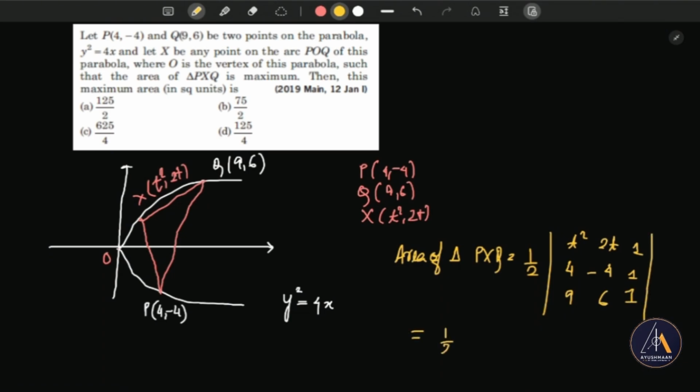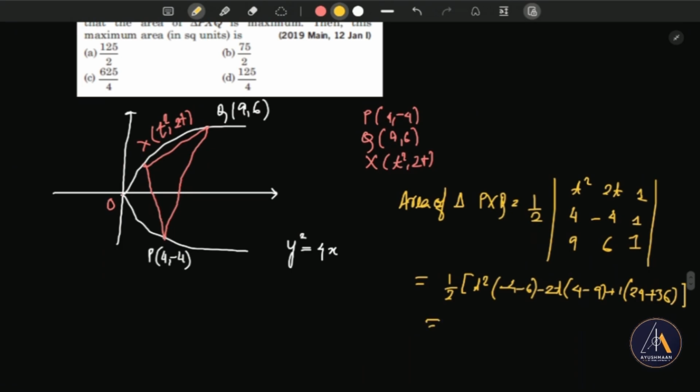It will be half times [t²(−4 − 6) − 2t(4 − 9) + 1(24 + 36)]. This turns out to be half times [−10t² + 10t + 60]. So our area function will be A = 5(−t² + t + 6).